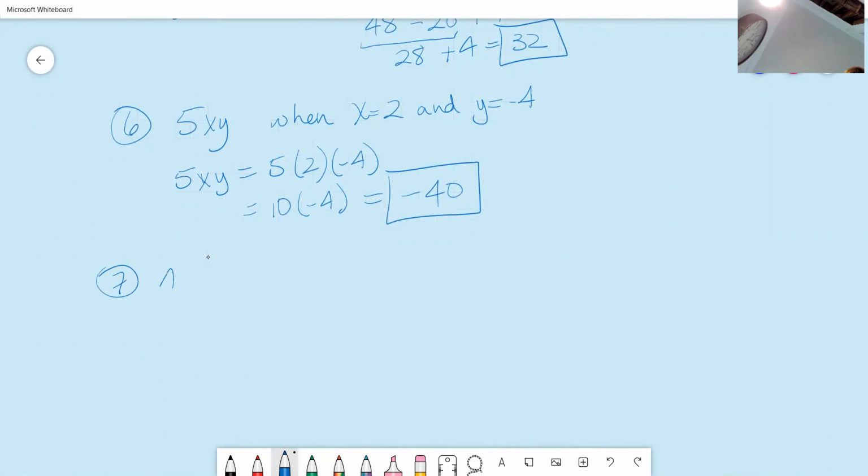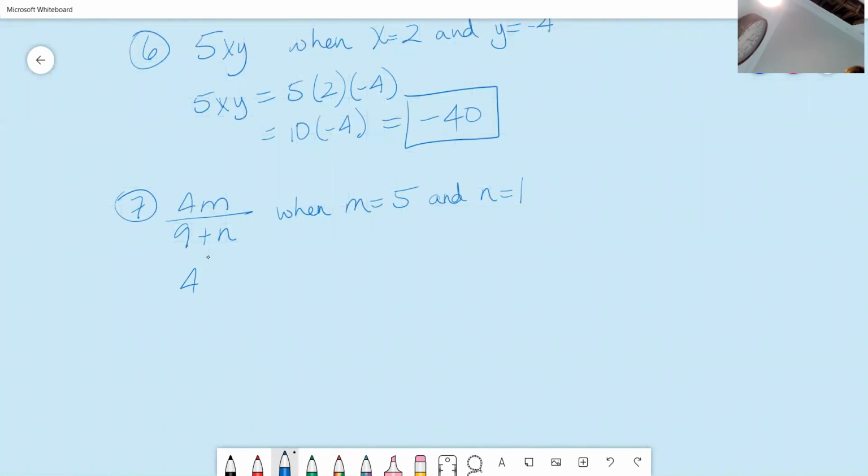Number 7, 4m divided by 9 plus n when m equals 5 and n equals 1.